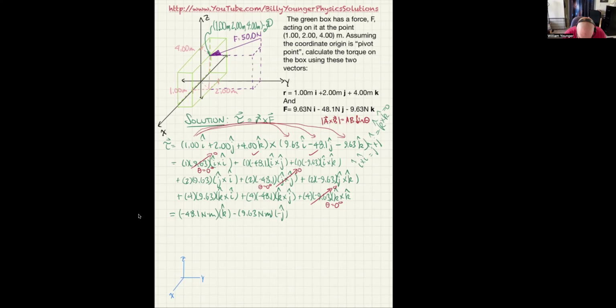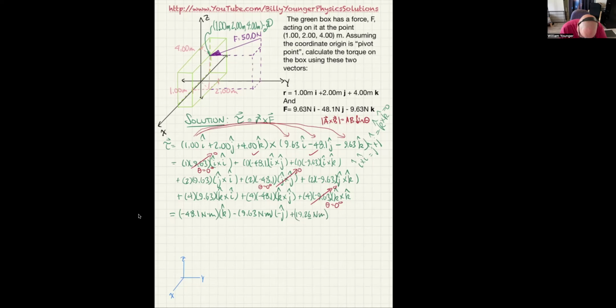Now the third term, the first term of course was 0, but the third term is 2 times 9.63. That gives me 19.26, so I'm going to say plus 19.26, carrying one extra sig fig, Newton meters.